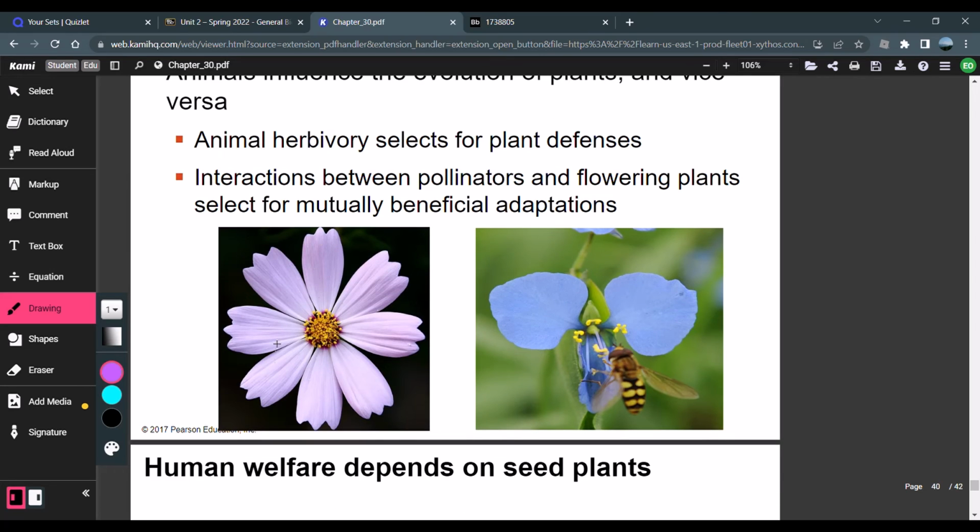Flowers with bilateral symmetry... I said that wrong. This is bilateral symmetry. This is, what do you call it? I forgot. Radial symmetry, yes.